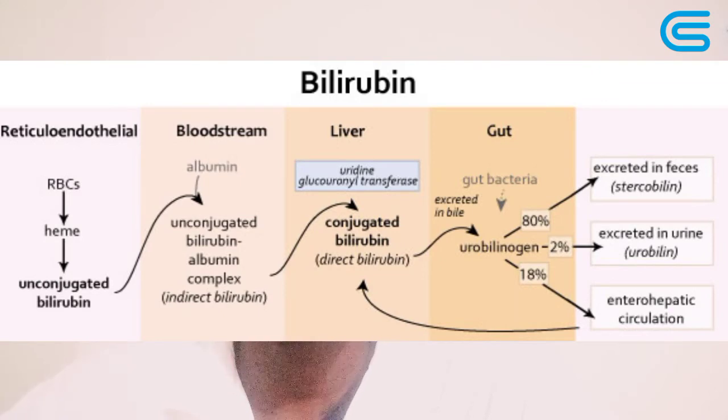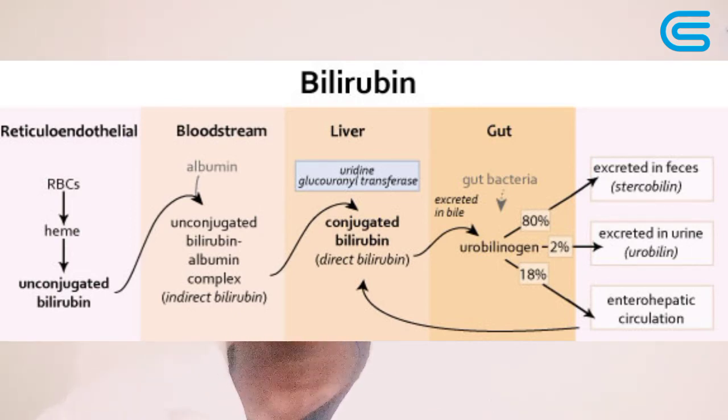So there is conjugated and unconjugated bilirubin. So conjugated bilirubin is water soluble and it is filtered by the glomeruli, and therefore it appears in urine, while unconjugated bilirubin is not water soluble. It is bound to albumin and cannot pass through the glomeruli, therefore it does not appear in urine.